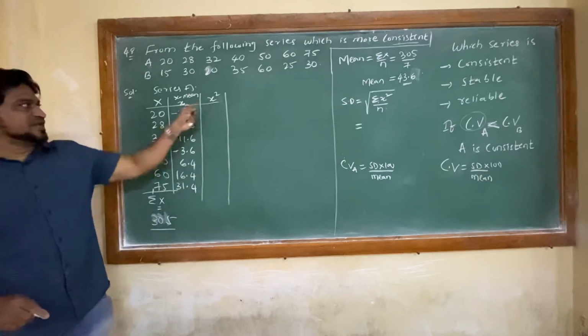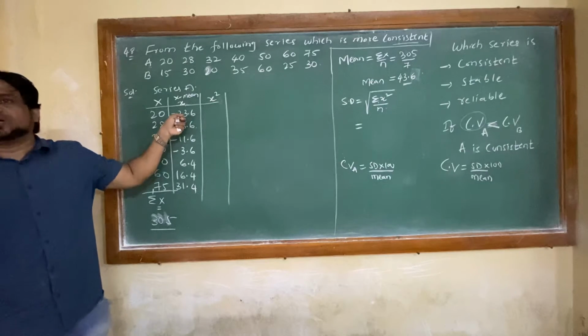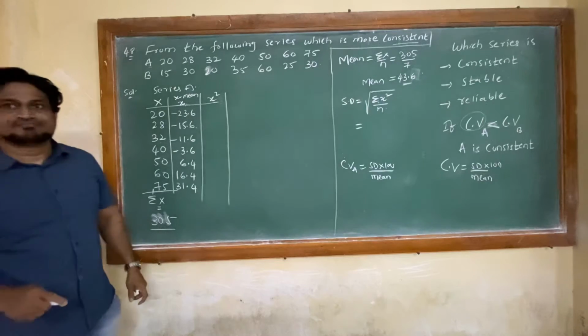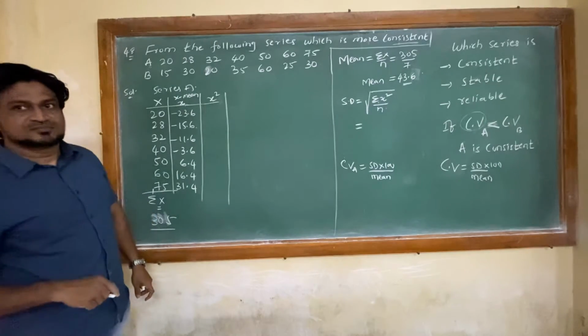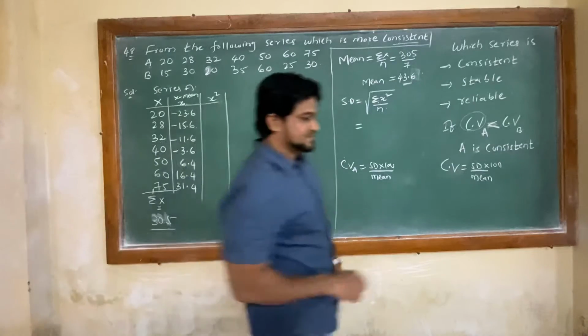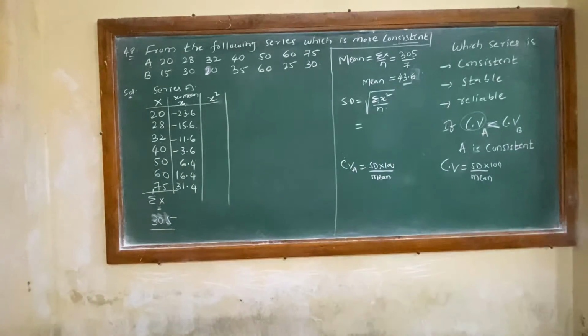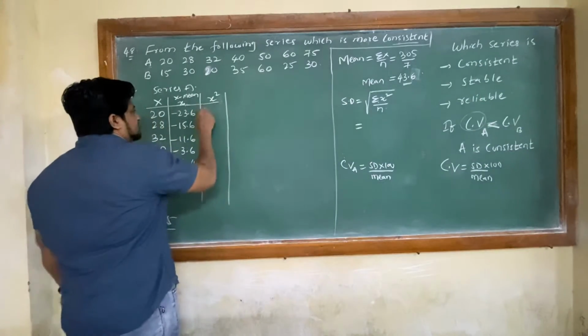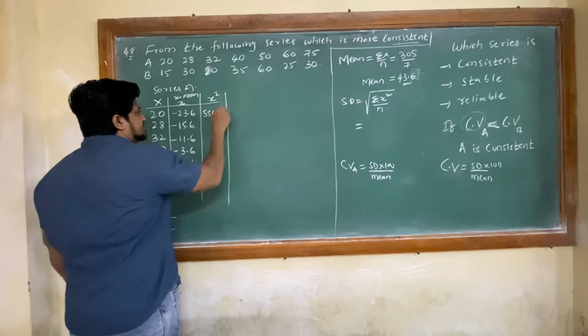Now, while squaring this 23.6, you have to take 23.6 into 23.6. How much did we get? 556.96.